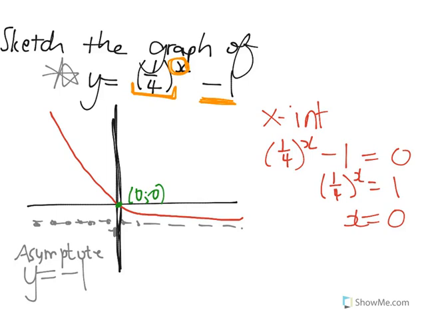And you can test that. Remember that the y-intercept occurs when my x is 0. If I substitute 0 over there, I get a quarter to the 0, which is 1. 1 minus 1 is 0. So you have 0, 0, the origin. So there you go. That is the graph.